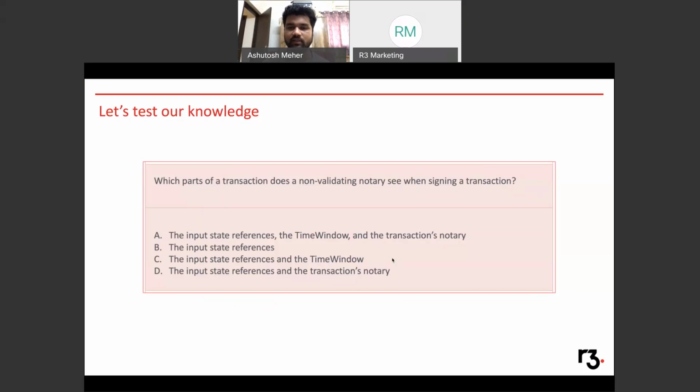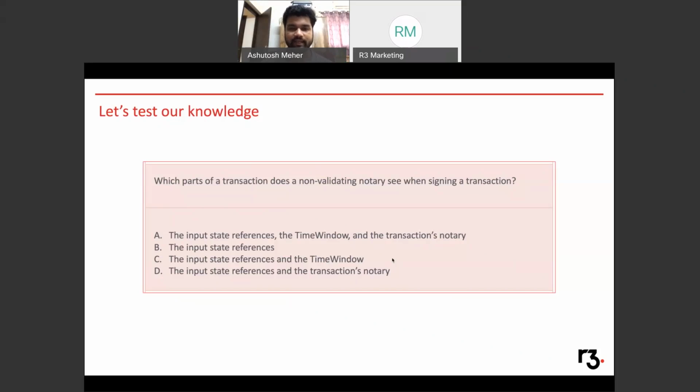If the transaction comes to the notary, it must be notarized within this particular time window. So if I say today between 1 and 2 p.m., only then should this transaction go through. If it's 4 p.m. when the transaction comes to the notary, it should not go through. It defines the time window during which a transaction can be committed.